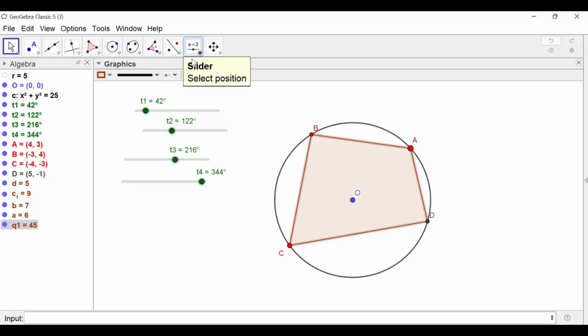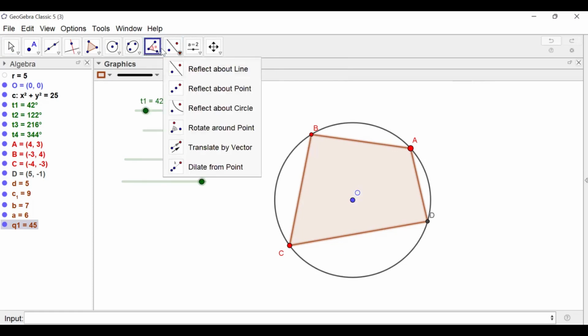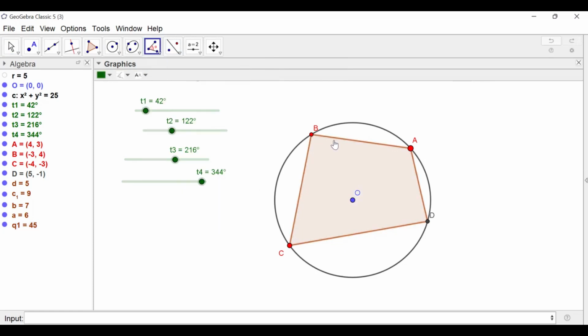So let's go to the toolbar and pick, okay, this is angle. So we select angle. We are going to move anti-clockwise if we need to get the interior angle of this cyclic quadrilateral. I want angle A, so I'm going to move BAD.